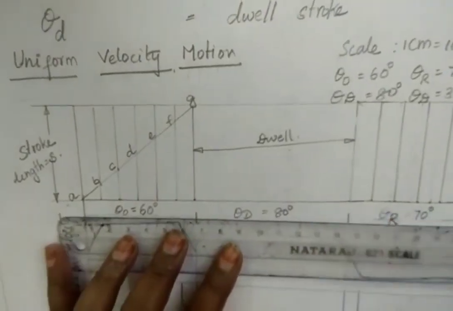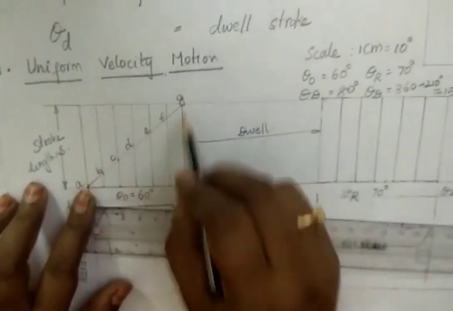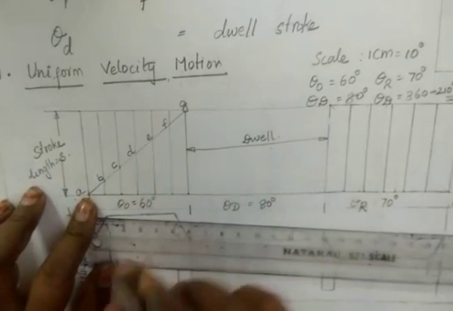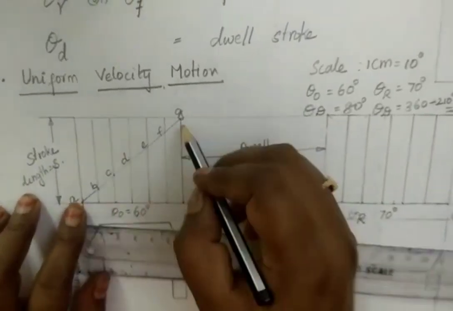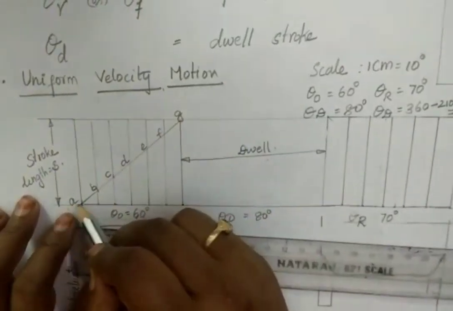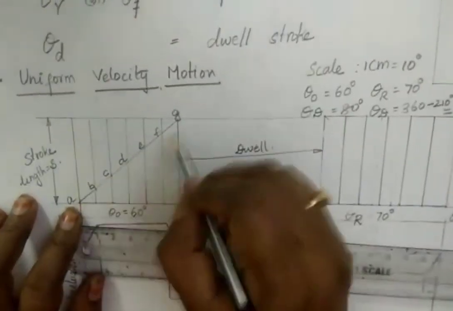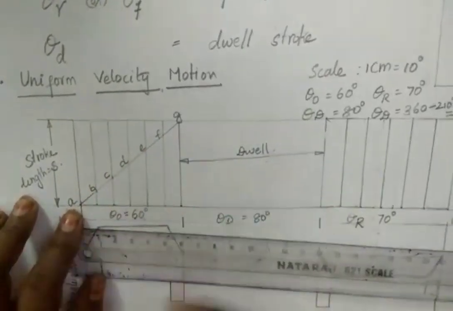I made it. Then join the diagonal of this particular theta O box, from the initial corner to the diagonally opposite corner. Then point out each and every point A, B, C, D, E, F, wherever it is meeting the vertical line.